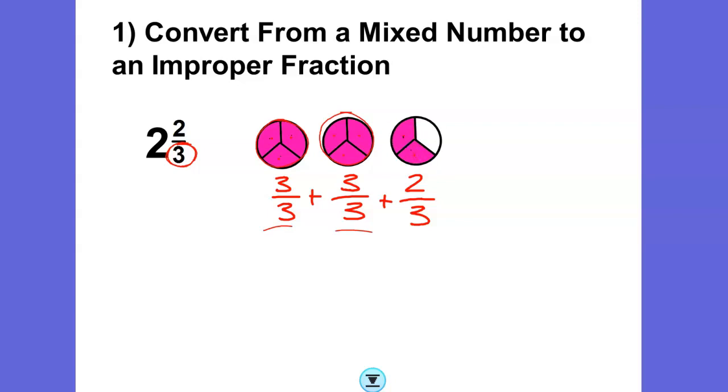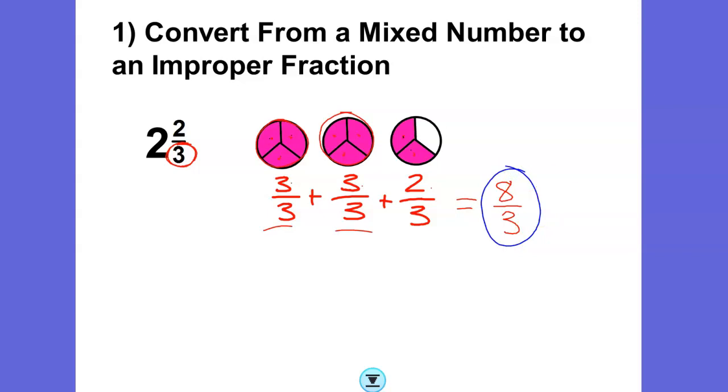Well, if I want to write that as what we call an improper fraction, 3/3 plus 3/3 plus 2/3, that is 8/3. And I can count them here, 1, 2, 3, 4, 5, 6, 7, 8. I've got 8/3. And this number here, 8/3, that's what we call an improper fraction.